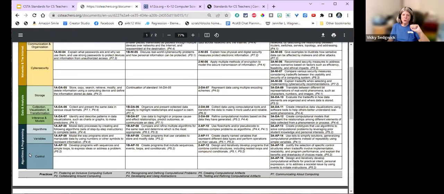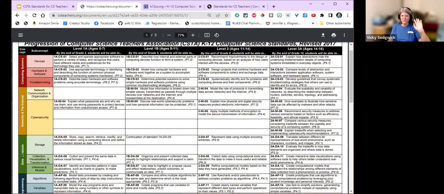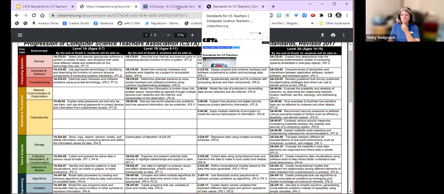They don't do as well with networks or computing systems or data and analysis. A lot of curriculum concentrates on the coding side, which we get, and we don't have unlimited time anyway, so you are going to have to pick and choose a lot of times. But that's the student standards.